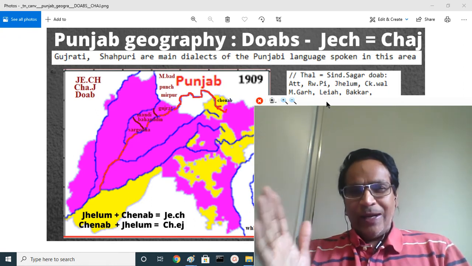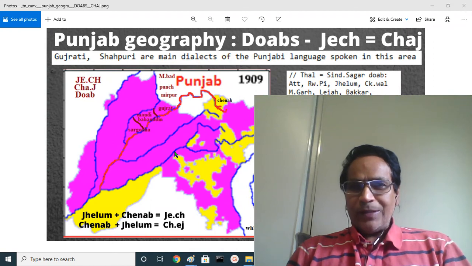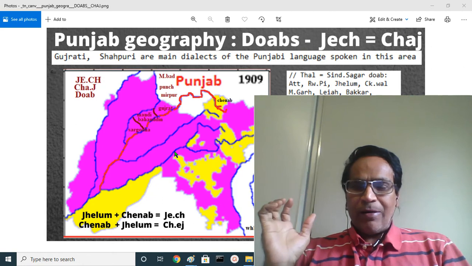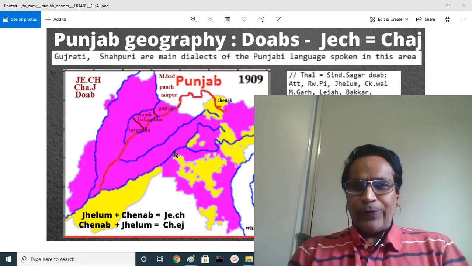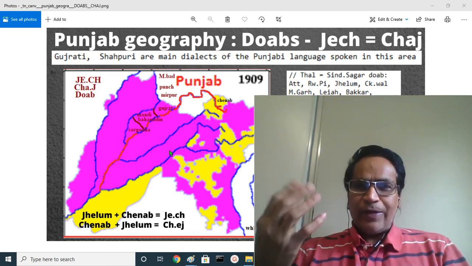We have looked at various rivers of Punjab in the previous presentation, and we also looked at Doabs, interfluves. The land between the two rivers is called Doab. Doab means between the two rivers. There are five Doabs, so it is Punch Doab. Five water bodies are actually interfluves, the zone between the two rivers, five of them.